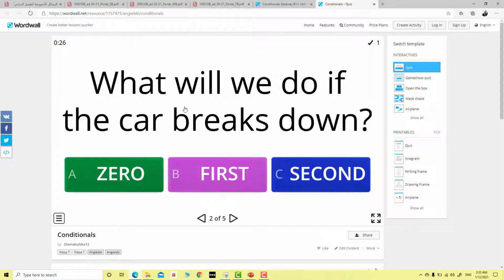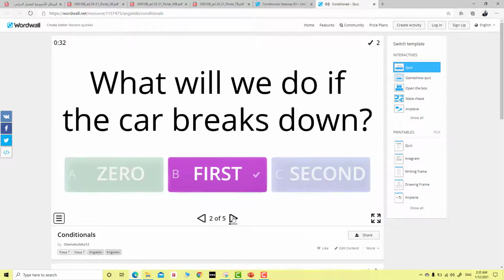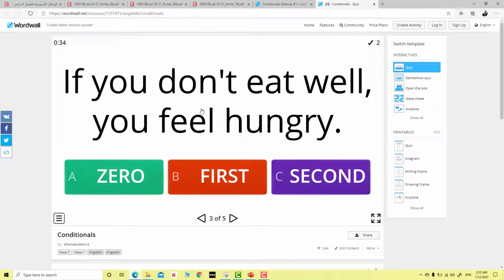This is the first conditional because it has will here. If you don't eat well, you feel hungry. As you can see here, we have present simple and present simple. There is no will or can here, so this is a zero conditional.